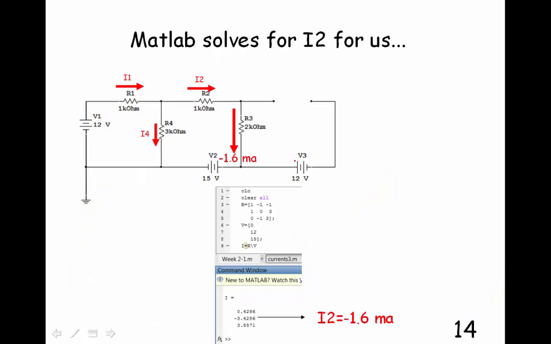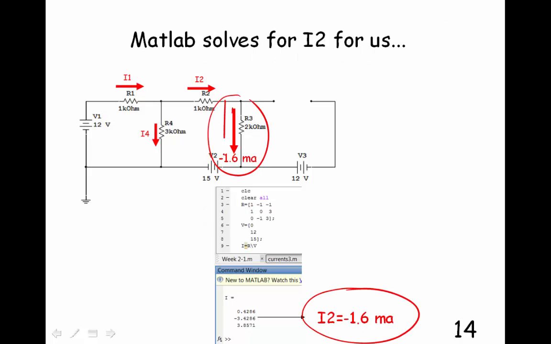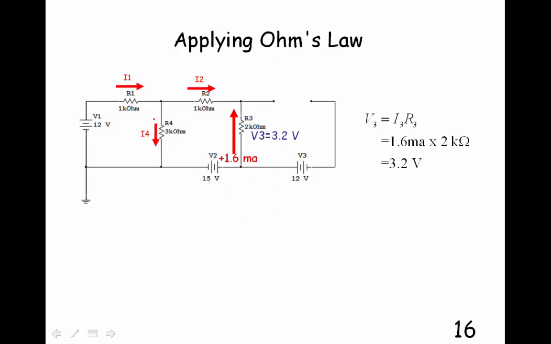Put it into MATLAB, and MATLAB told me that I2 was negative 1.6 milliamps. And whenever you get a negative sign when you solve those simultaneous equations, it means that the current is really traveling in the opposite direction. So we could either say it's negative 1.6 going in this direction or positive 1.6 going in that direction. And we'll think about it in terms of a positive current for the remainder of this show.